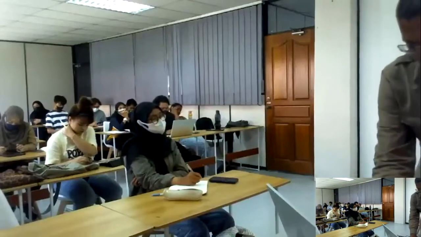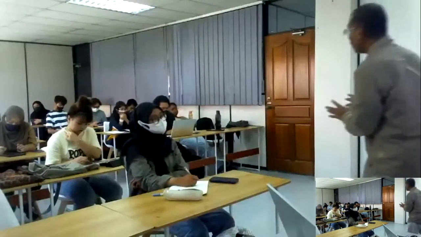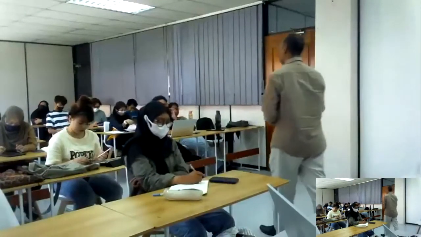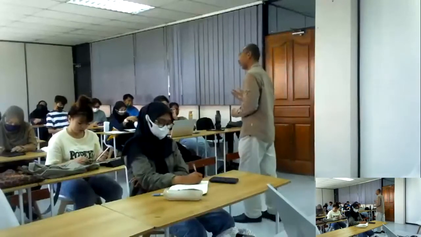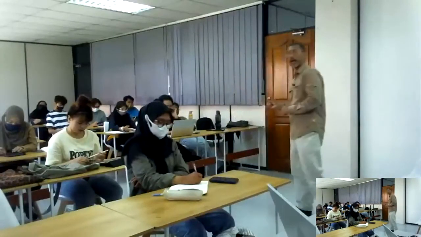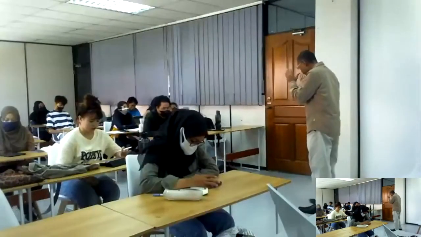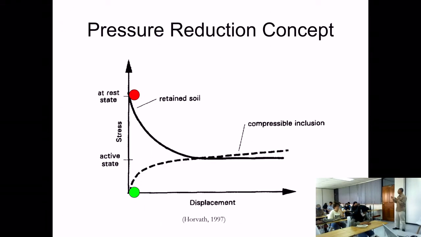Only thing about rubberized material, you may be interested to use rubberized material, especially waste material from tire. It has got some limitation, because if it deflects too much, it will further aggravate the situation. If it doesn't deflect at all, it gives no meaning.